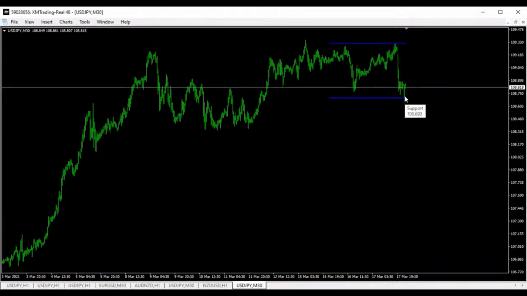Touch 1. From this moment we'll avoid any selling on this leg, because we should be thinking of a pullback up to create a new resistance, which is going to be touch number 2 on the resistance.